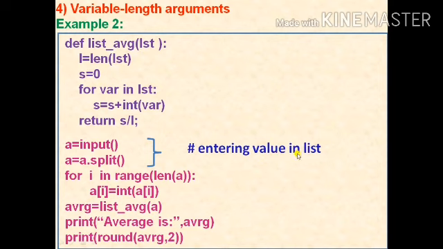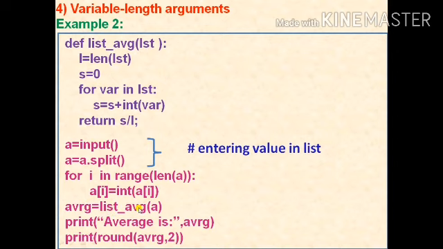To execute this function, we enter values in a list at runtime like this. A is equal to input, A is equal to A dot split, and whatever value you have inputted is stored in A, and A can be further split, with the values separated by commas. Now here we take the length, calculate each number and find the average.